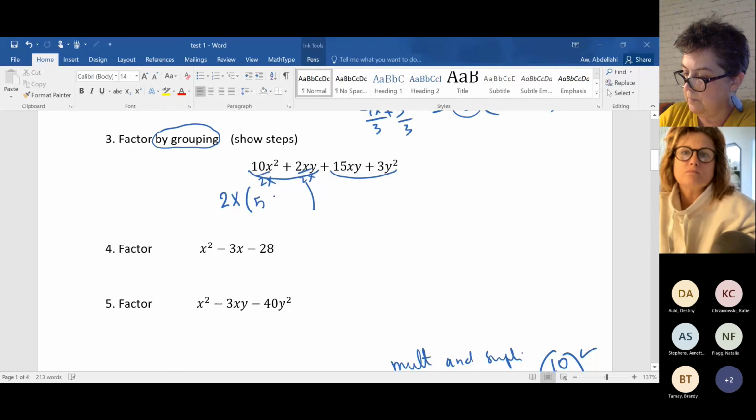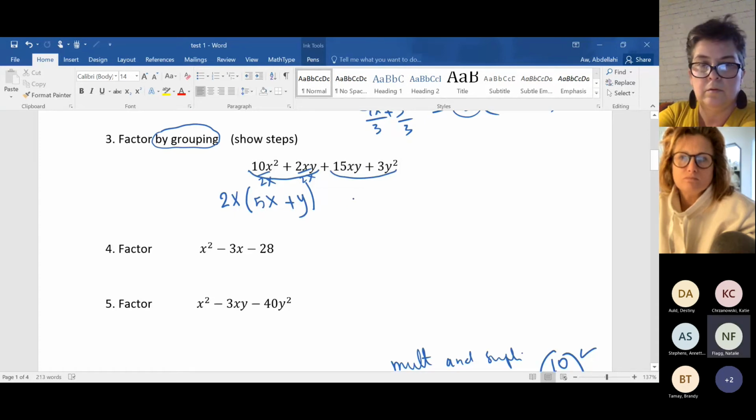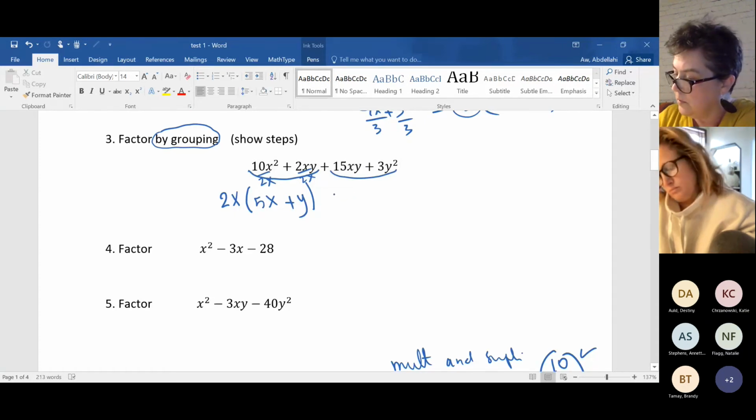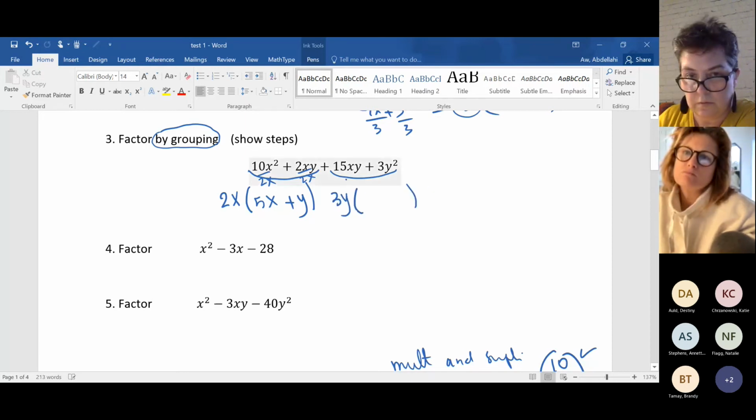It's going to be 5x plus 3, no, plus y, I'm sorry. And here's the next one. What can we factor out? 3y. I see a lot of students doing this and missing the sign between the expressions, right? This is 5x plus y, and then you don't see a sign here.